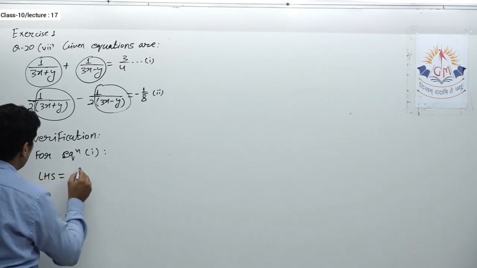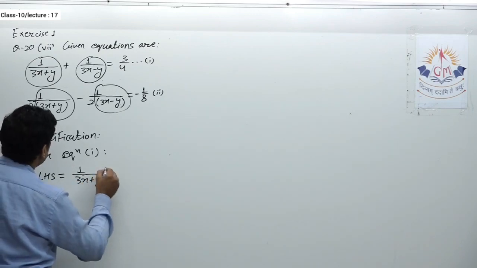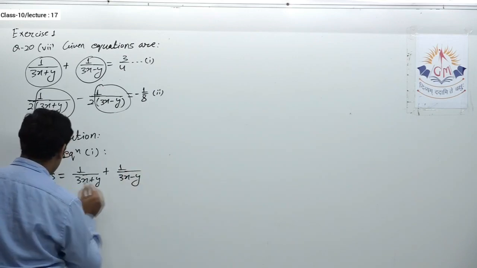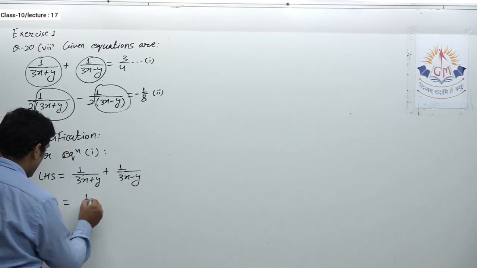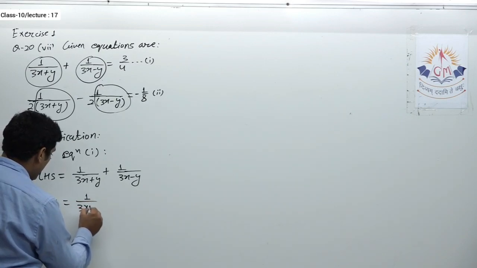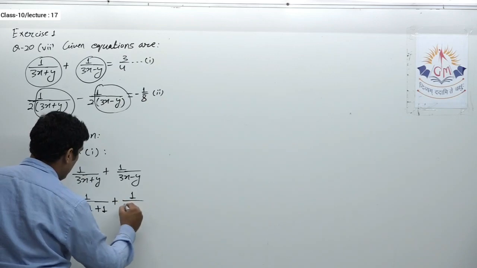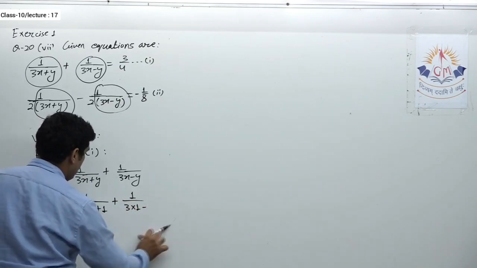LHS is equal to 1 upon 3x plus y plus 1 upon 3x minus y. So therefore LHS is equal to 1 upon 3 multiplied by 1 plus 1, plus 1 upon 3 multiplied by 1 minus 1.